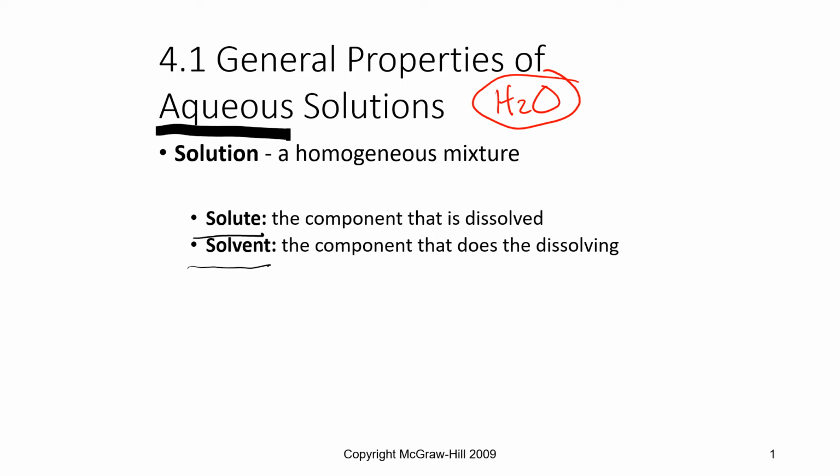And when we're talking about aqueous solutions, which we will be, that is water. Solvents are typically present in larger amounts, and the solutes are, in general, present in smaller amounts. Okay?